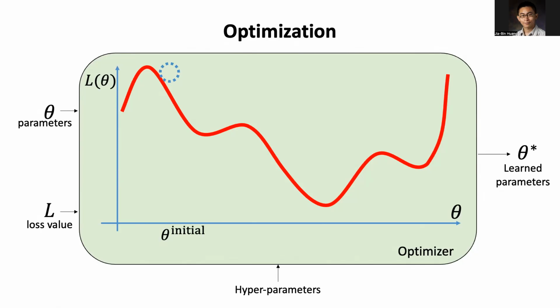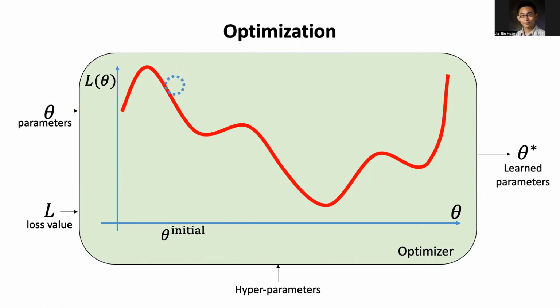iteratively. The way you improve it iteratively is that at this point, I look at the slope. In this case, the slope is negative. If the slope is negative, that means I will improve the loss if I move in the x direction. So the idea is to locally compute the slope and then move along the negative direction.